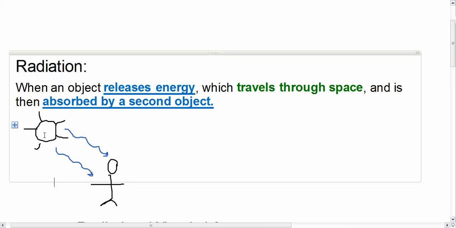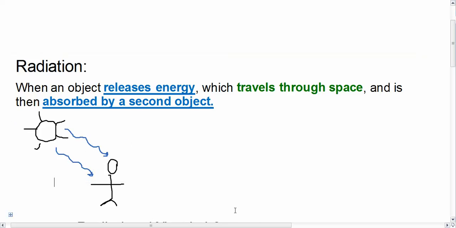They travel through space, and then they're absorbed by the second object. And I'm the second object, right? I'm absorbing that radiation into my skin. Now, this is an example of a type of radiation that's a wave. We talked about waves of light. But radiation can also come in the form of tiny little particles, kind of like little atoms that get shot out from one object. And that's the type of radiation we're going to talk about today.